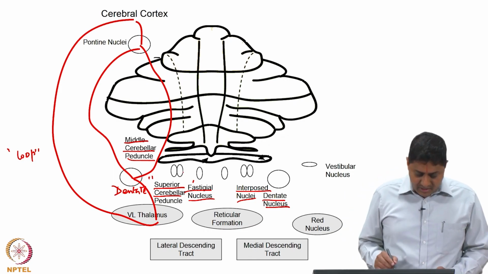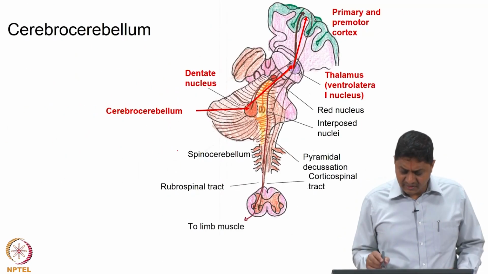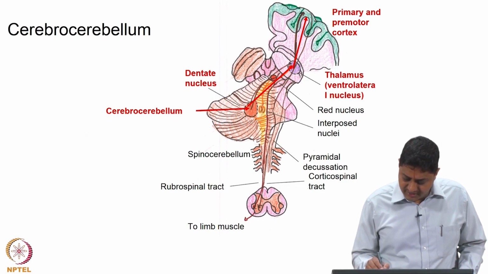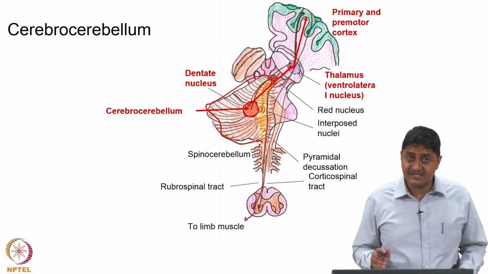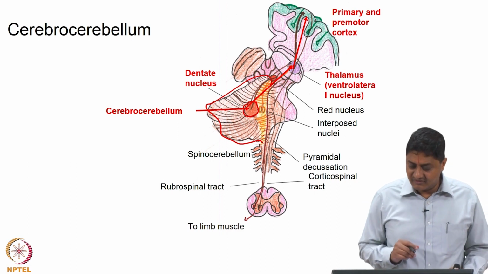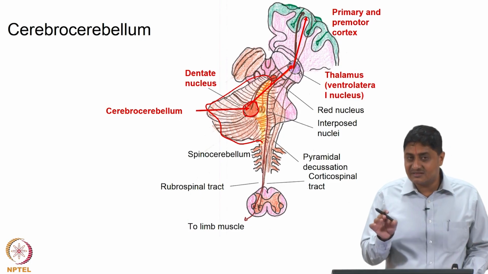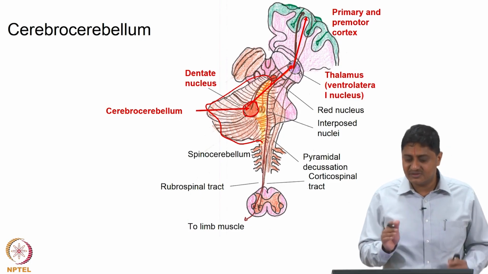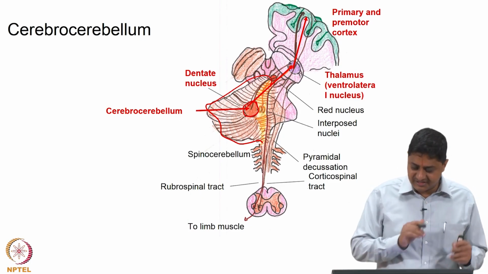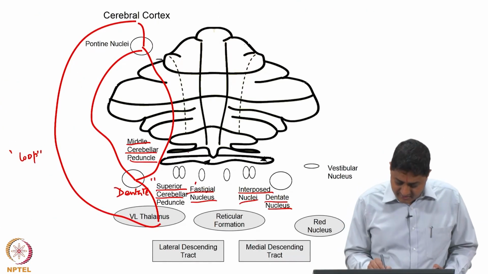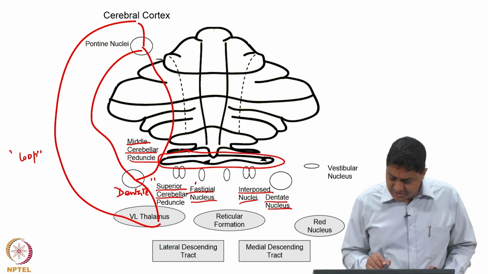And actually the other output, so one output is through the dentate nucleus, so that is the cerebrocerebellum, which is basically the most lateral parts of the cerebellum. The more medial parts are called the vermis, and the paravermal area or intermediate zone; these constitute the spinocerebellum, which we discussed in the previous class, and the flocculonodular lobe constitutes the vestibular cerebellum.